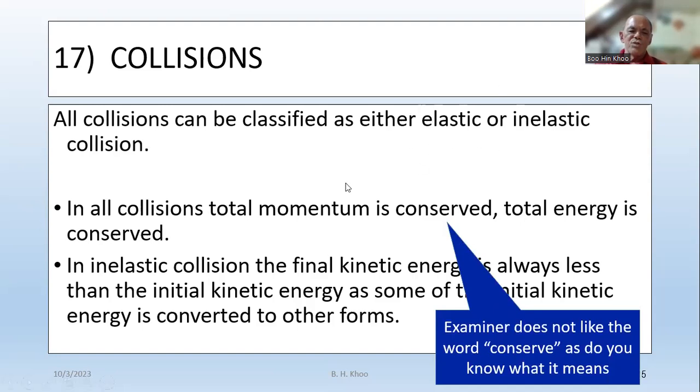Usually examiners don't like the term conserved because they don't know whether you understand what it is. So it's better to say total momentum initially equals total momentum finally.